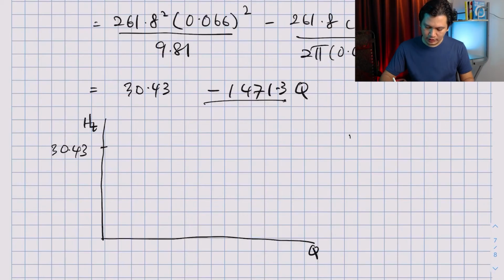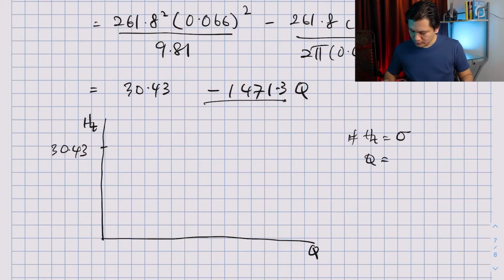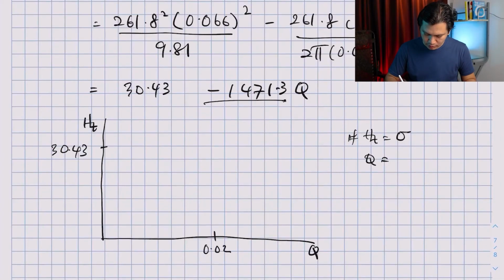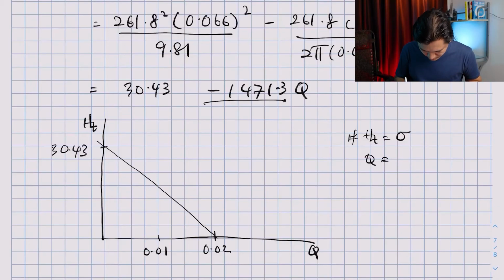So given HT equal to 0, then Q becomes 30.43 divided by 1471.3. It's going to intersect at about 0.02. This is 0.01, and the graph will look something like this.